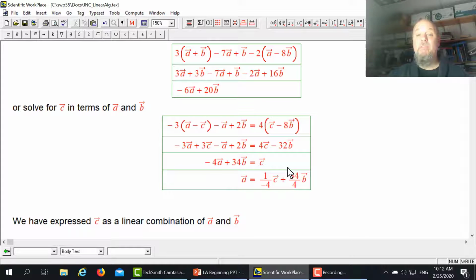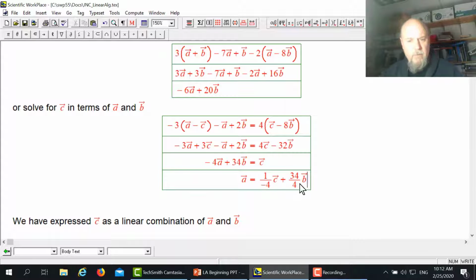They're a dependent set, as long as I can write one as a linear combination of the other. Now this seems like, where's he going with this? Again, I'm laying down some foundation for later sections.